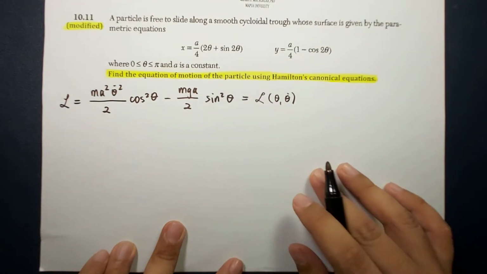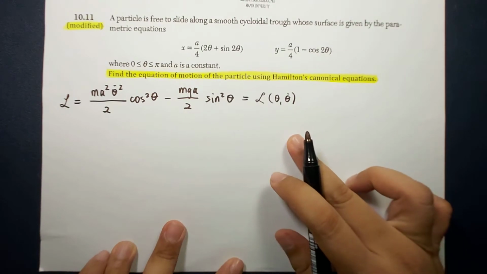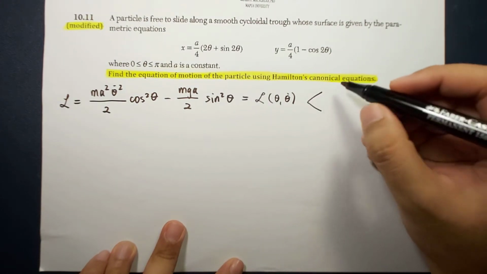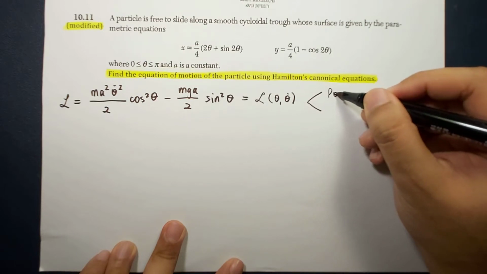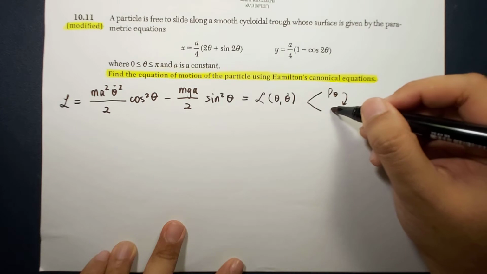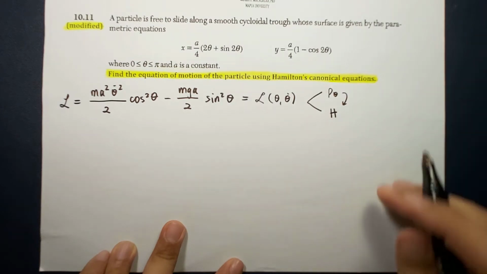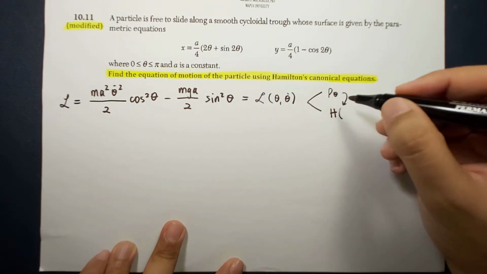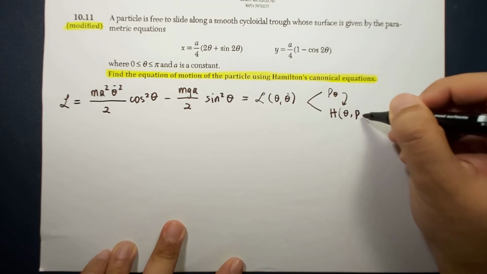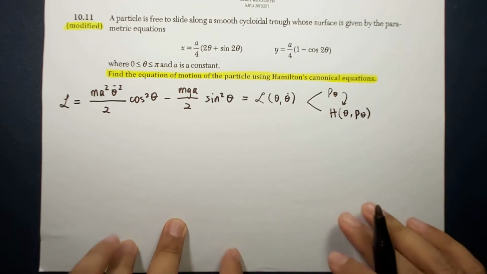Okay? So from here, we can calculate our generalized momenta p theta, and from there determine the Hamiltonian of the system, which should be a function of theta and p theta.